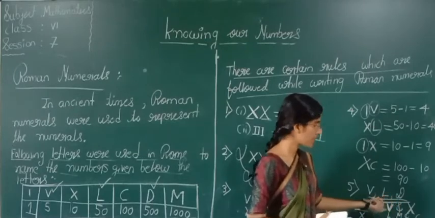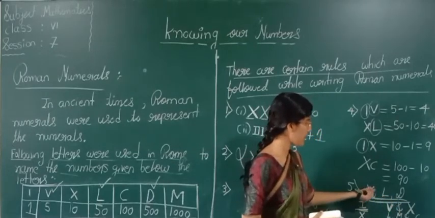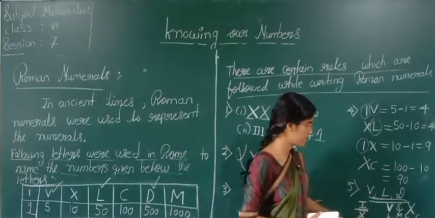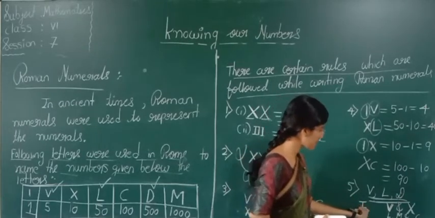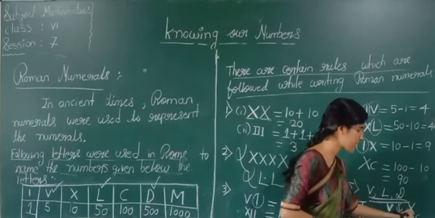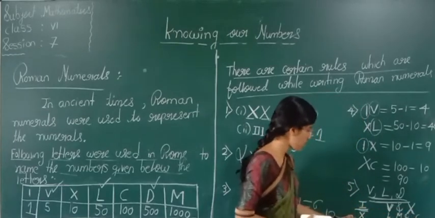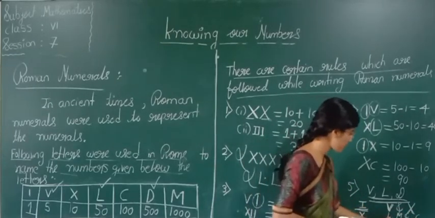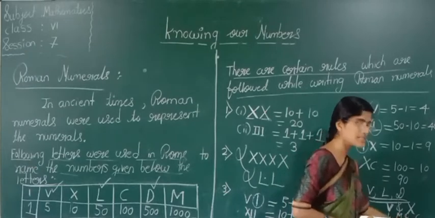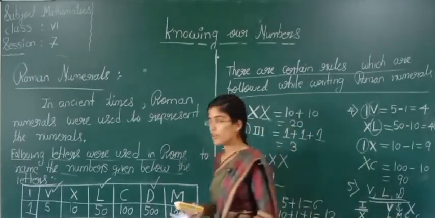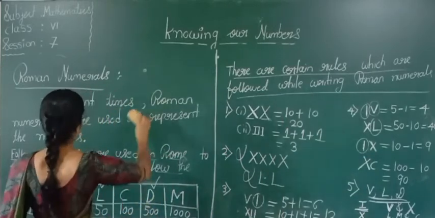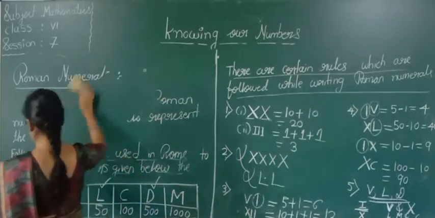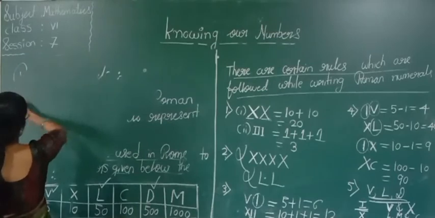Meaning is that V, L and D are never subtracted. Again see here, the symbol I can be subtracted from 5 and 10 only. And the symbol X can be subtracted from L, M and C only. Understanding these rules, we will write some Roman numerals.